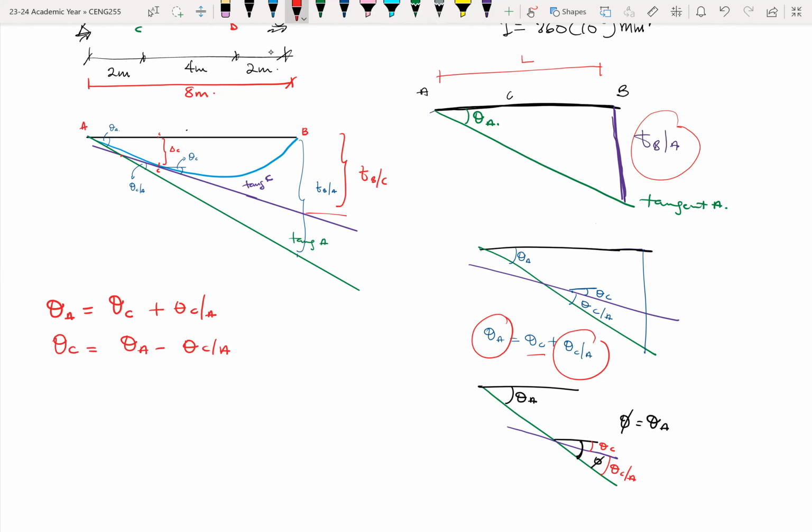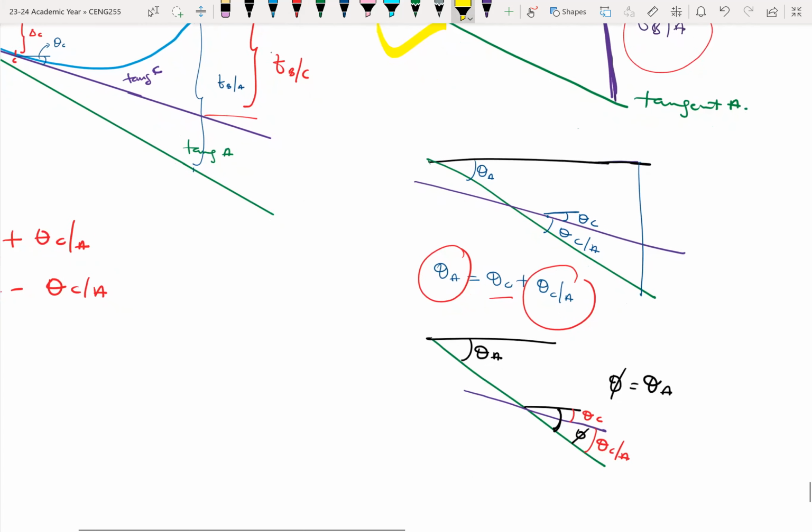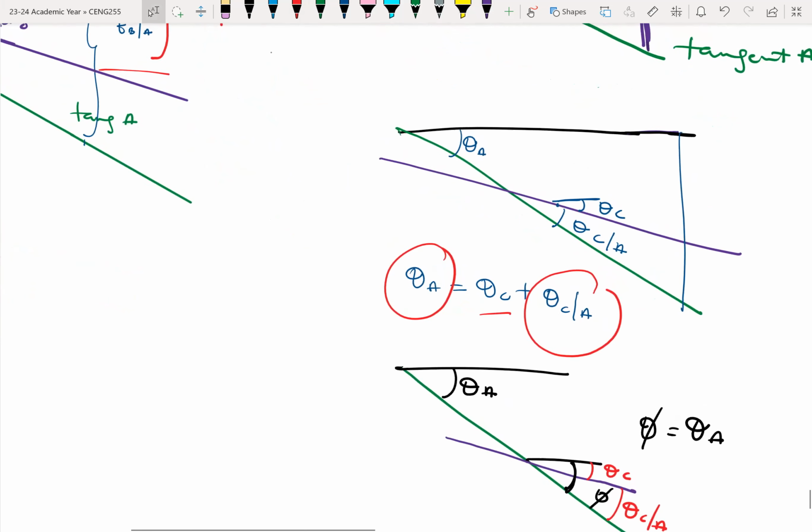Okay. And to find theta A, we come back to this diagram over here. It's the same thing. The theta CA is over here.